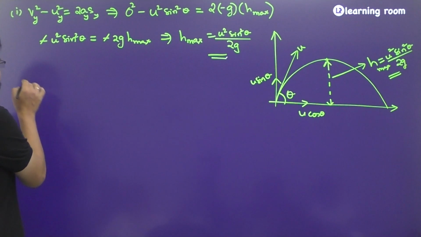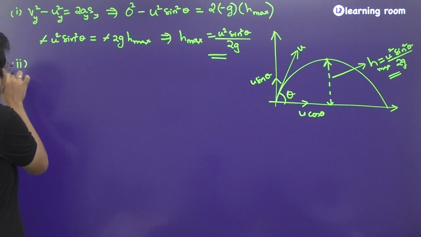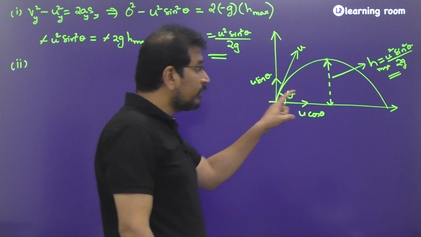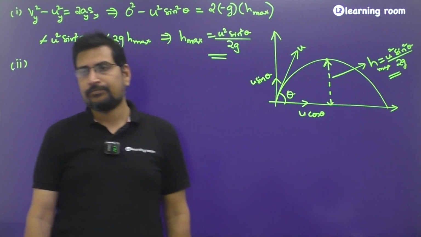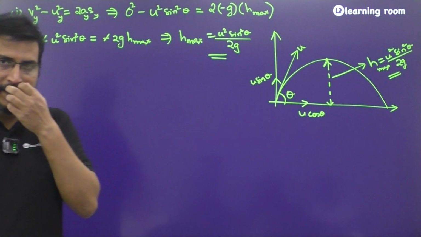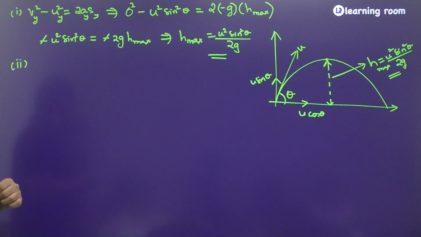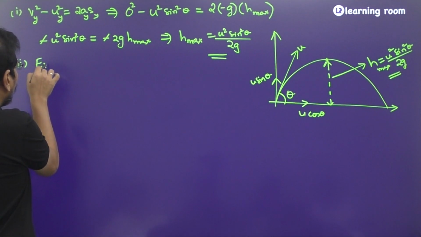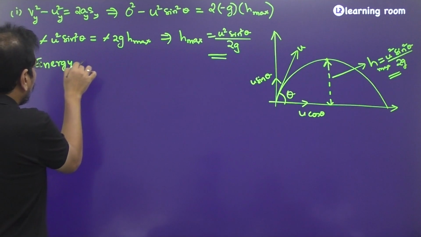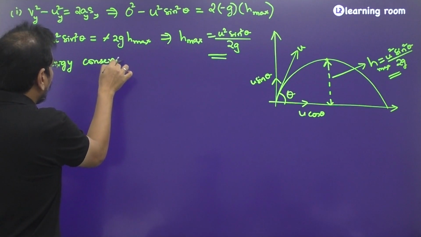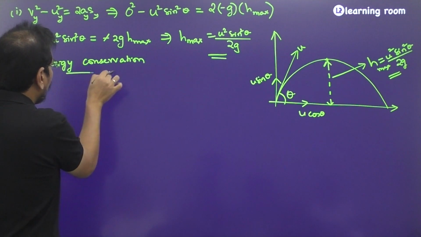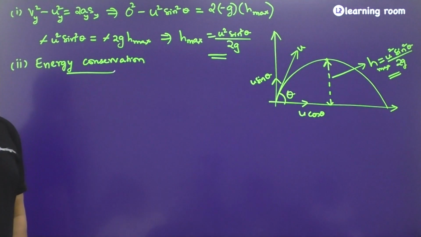Now, since we know some extra concepts, can we try to derive the same thing using some other logic? Can we derive the same thing with the help of energy conservation? What does the energy conservation theorem state?